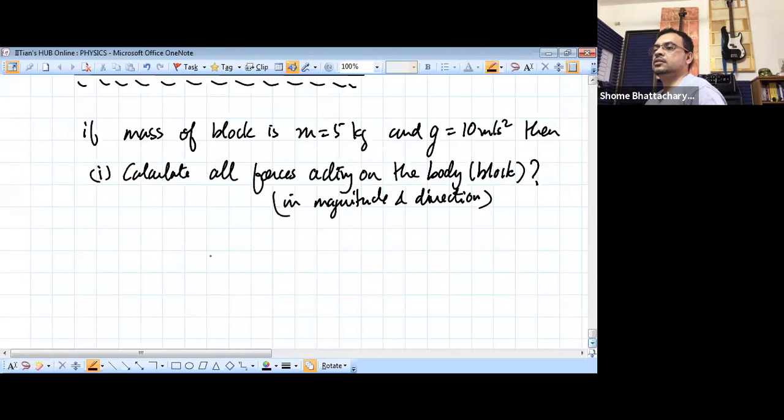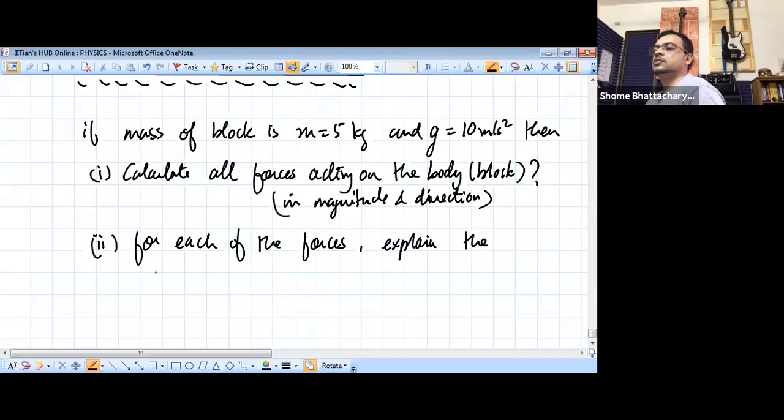Then secondly, for each of these forces, explain the reaction force by Newton's third law.